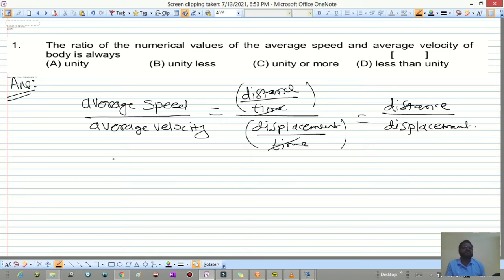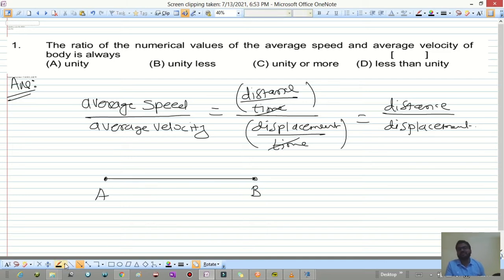We know that if you have 2 points A and B, and you want to calculate the displacement, you have to go in a straight line, isn't it? So this is the shortest path. If you take any other path other than the displacement, that path is longer than this one, isn't it? So can we say distance is always greater than or equal to the displacement?